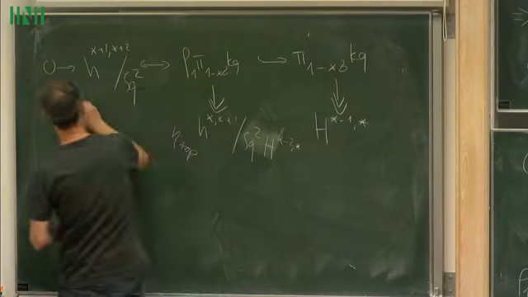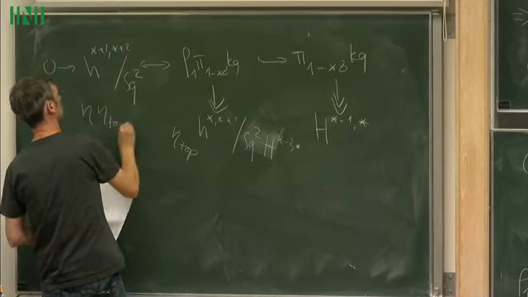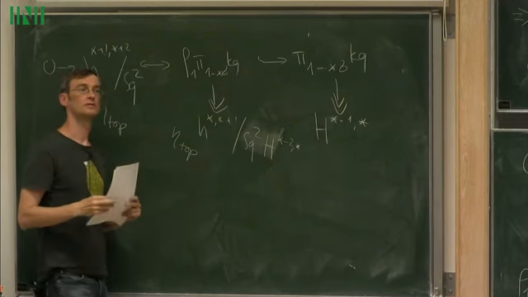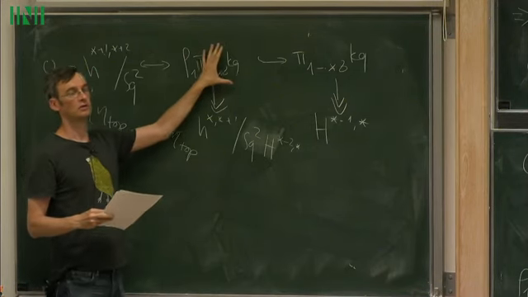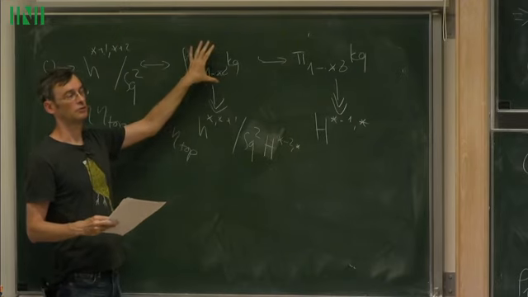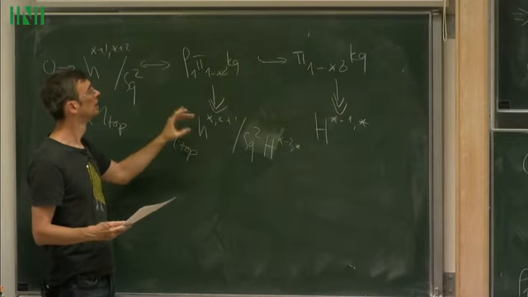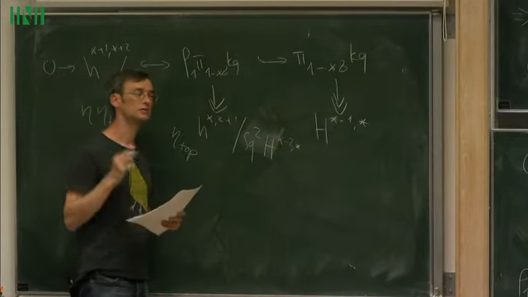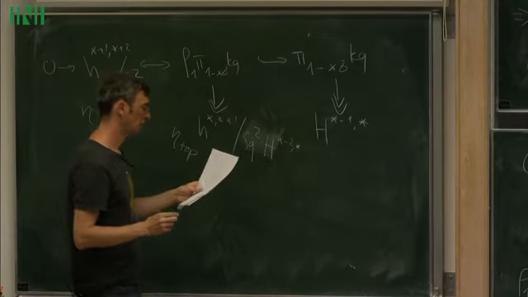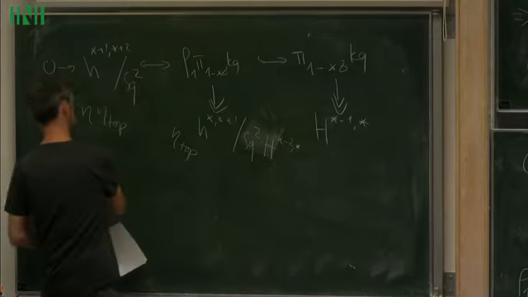So this here is given by eta times eta top, and you can see already that this is not split as a short exact sequence of modules over Milnor-Witt K-theory. I mean, yeah. But it's not even split as a sequence of abelian groups when you pick your favorite degree, which is going to be 2.